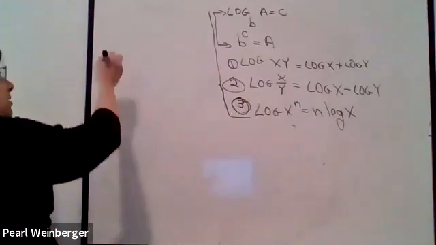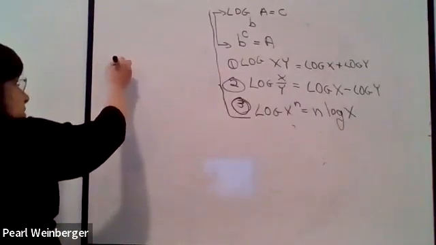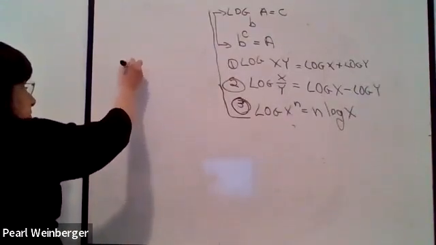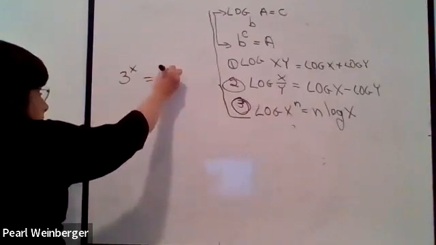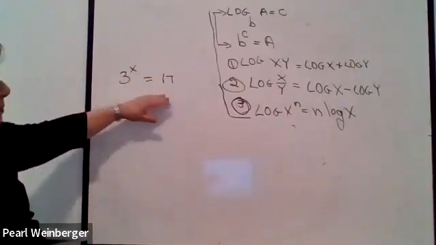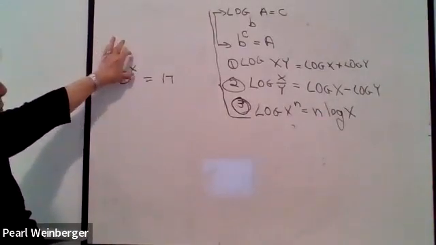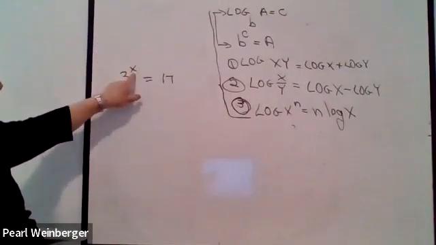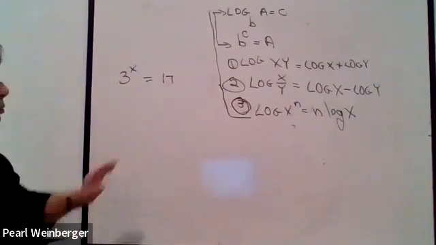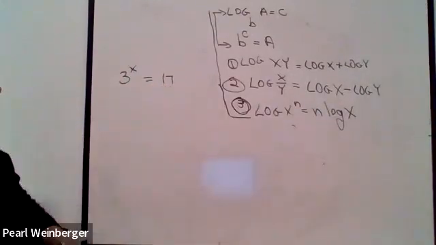But what if I had something that looks like this? 3 to the x equals 17. Obviously, this is an exponential equation. We're looking for the exponent that we can put on 3 to get us to 17.